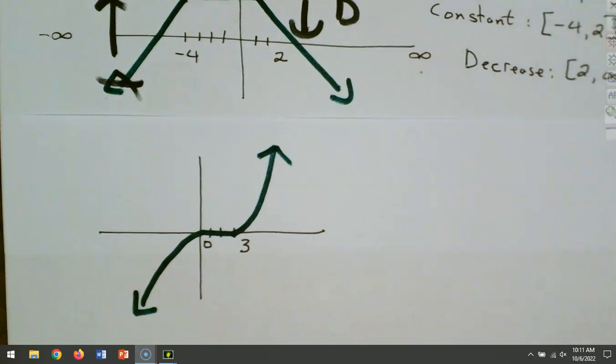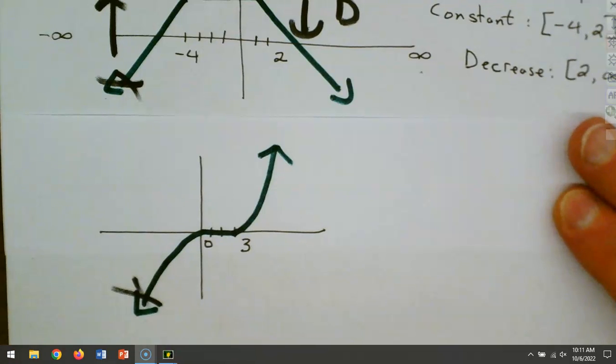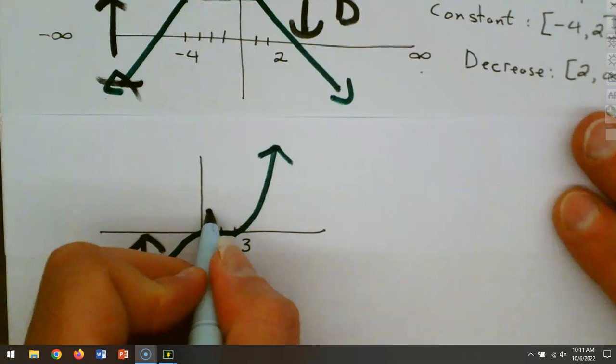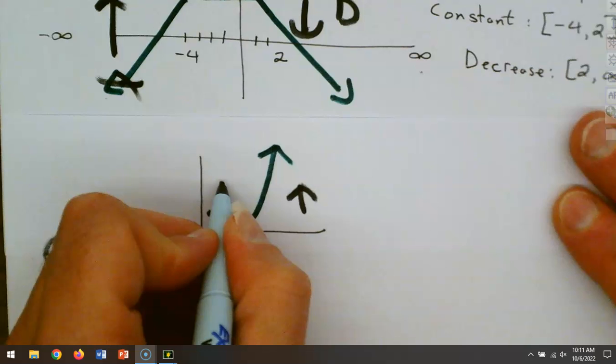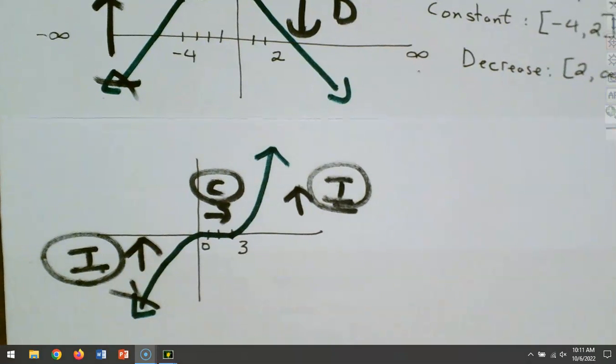Where do we start? We have to start at the bottom and work from left to right, just like we read. We work these out the same way. It's going up, constant, up. So that's an increase here, constant, and another increase.